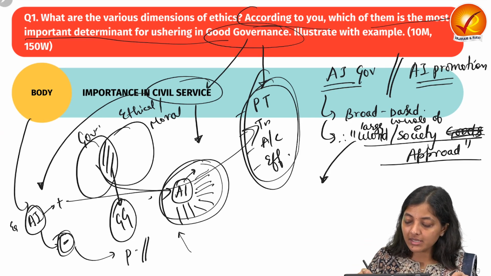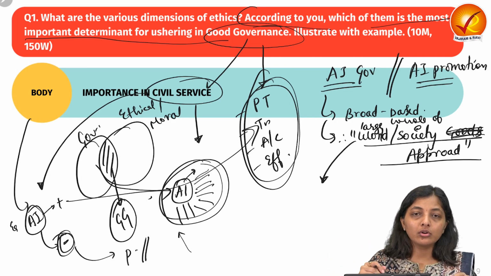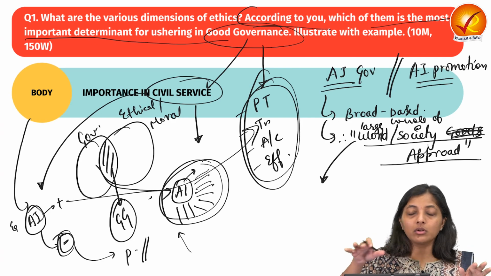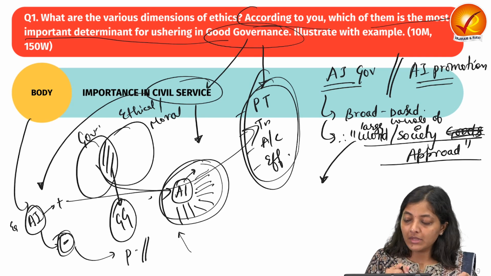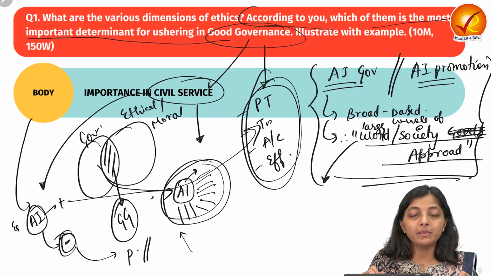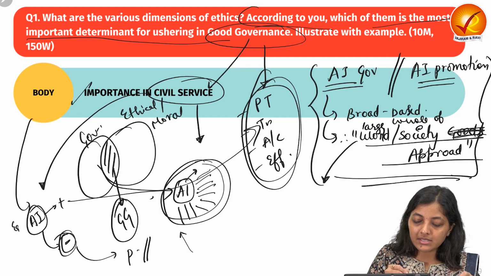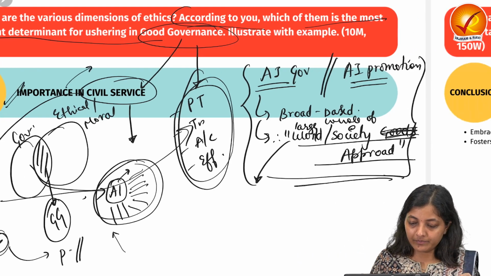We cannot just take the means approach or the ends approach, or just do what all the society is doing. Then that civil servant will do whatever the society or the culture is doing. So the civil servant has to come up with a balanced approach, balanced between governance and technological advancements. So this way you can write the importance of applied ethics in the civil services.